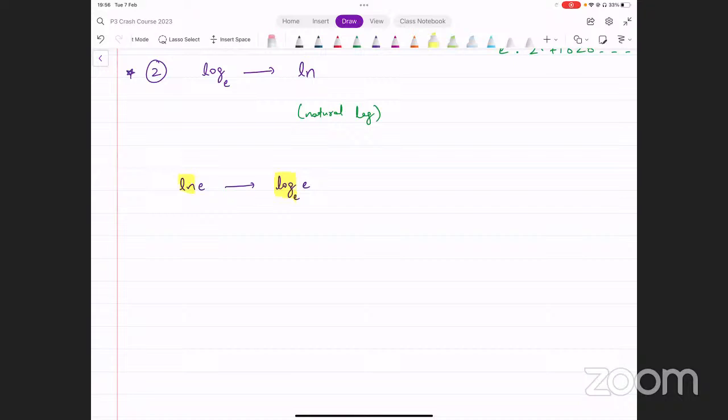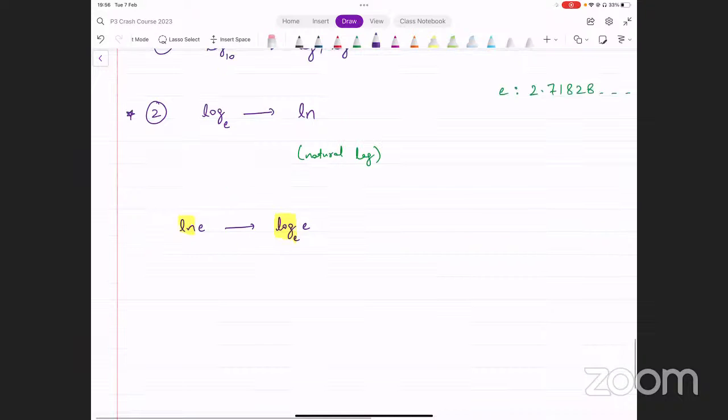It's just a short way of writing log with base E. So if you have ln of E written, that means log of E with base E.